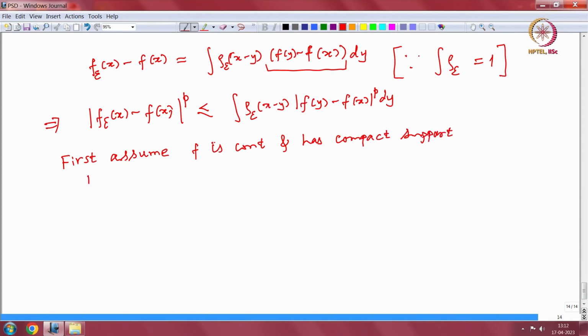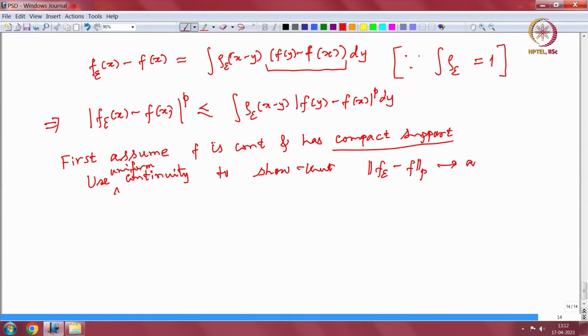Use uniform continuity, because a continuous function on a compact set is uniformly continuous, to show that the L^p norm of f_epsilon minus f tends to 0 as epsilon tends to 0.